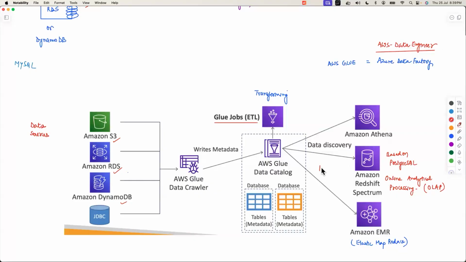Because this offers you 10x better performance as compared to your other data warehousing techniques. Right, everyone? Correct? So you can read about Redshift more.